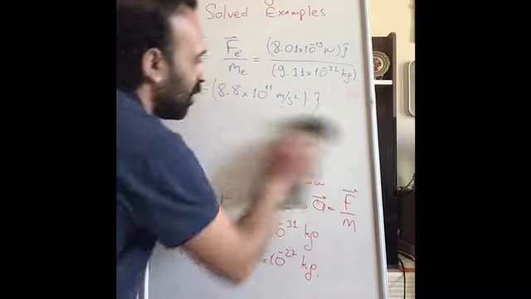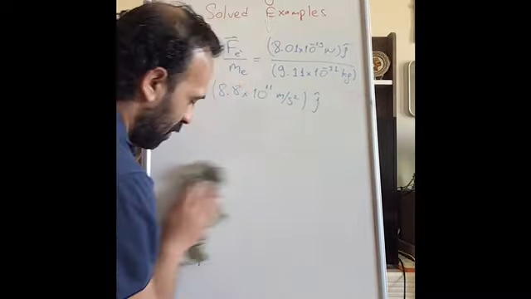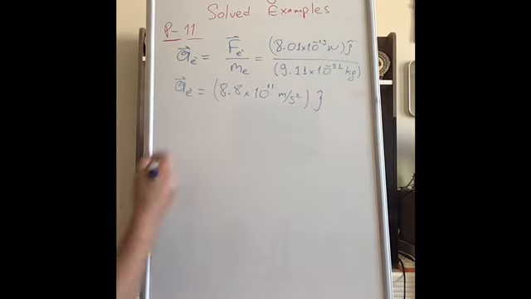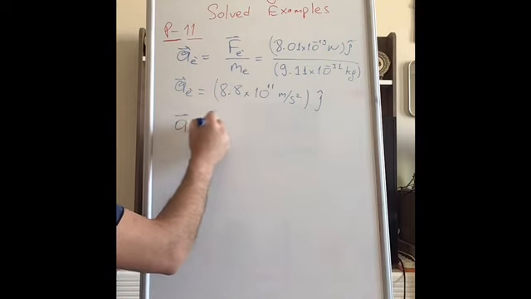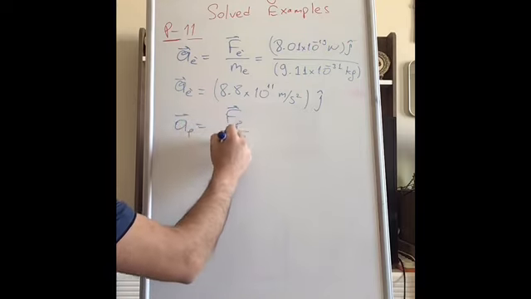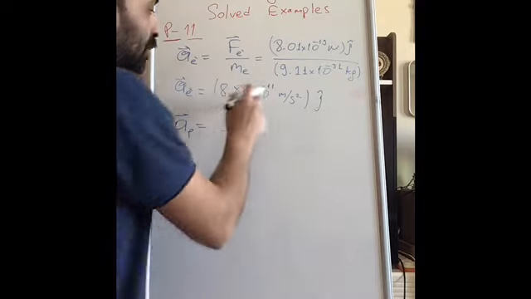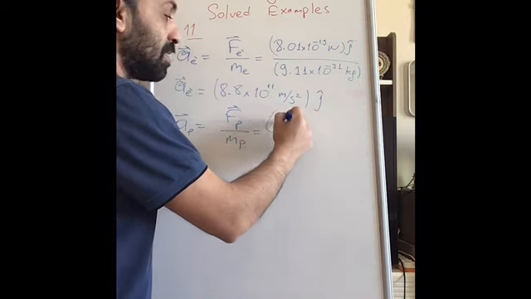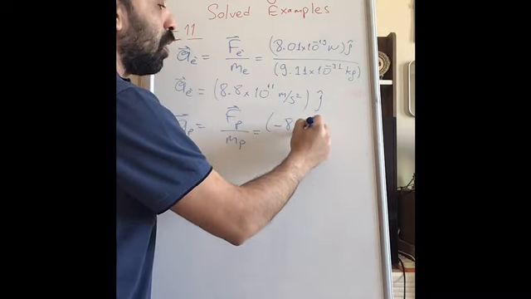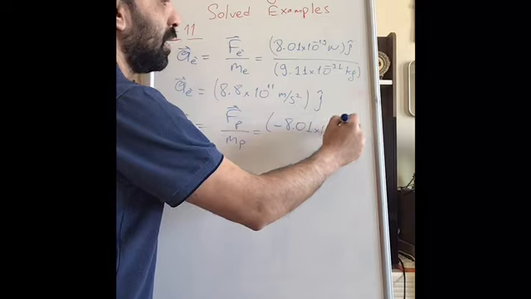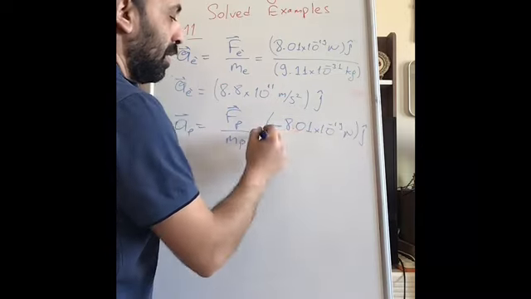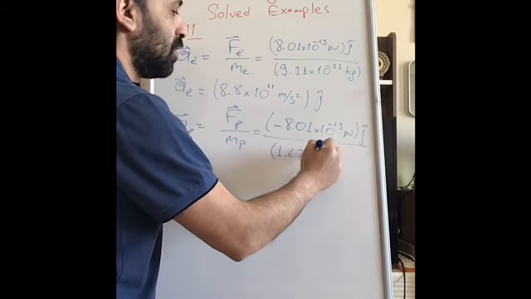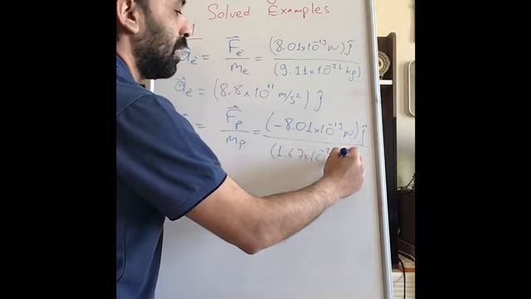Okay, a similar calculation but for the proton now. a_p, the proton acceleration, will be equal to the electric force on the proton over the proton mass. And again, the forces were the same on the electron and proton, but in the opposite direction. So minus 8.01 times 10 to minus 19 Newton j over the proton mass, which is 1.67 times 10 to minus 27 kilogram.